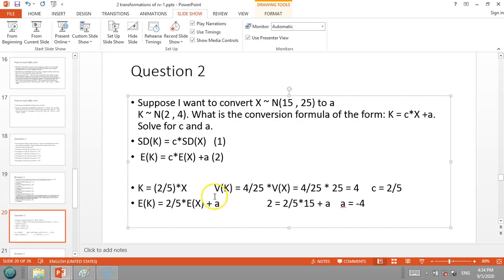And this is what I'm doing here. I solve for a and I solve for c, and the full equation is going to be k equals 2 over 5 times x minus 4, like this.